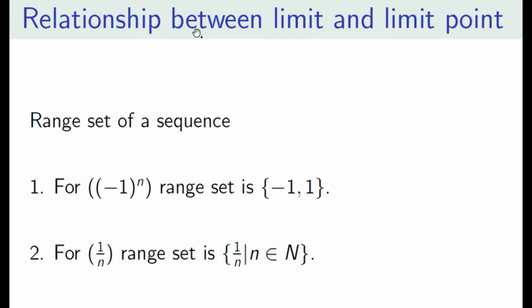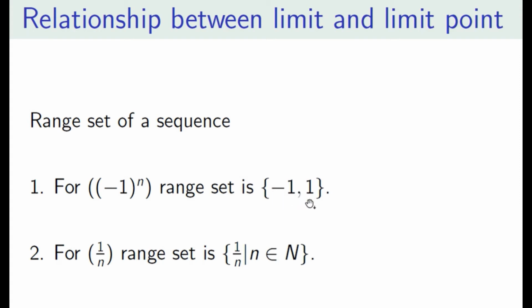In order to understand it, at first we have to understand the definition of the range set of a sequence. What do we mean by range set of a sequence? I think it is evident from the name itself. For example, if we take the sequence (-1)^n, the range set of this sequence is {-1, 1}. That means the range set contains these two elements, -1 and 1.